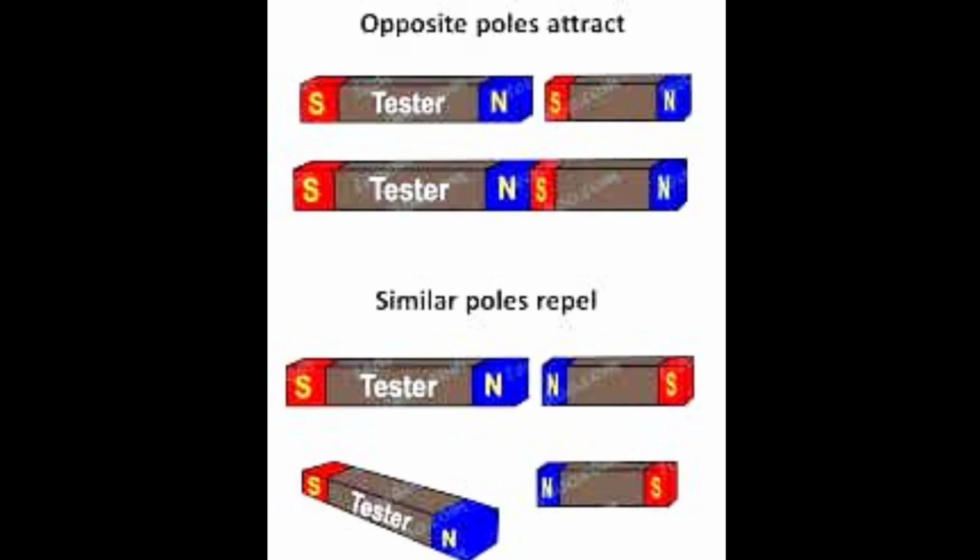If we look at a picture, when the south pole of a magnet comes closer to the north pole of another magnet, attraction takes place. But when the south pole of a magnet is brought near the south pole of another magnet, repulsion takes place. So like poles repel each other but unlike poles attract each other.